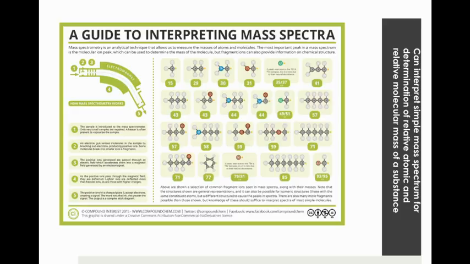The first is the location where the thing to be tested is placed. In area 2, there is an electron gun. It heats up, it excites the atoms that have been placed in the machine, and it creates ions.